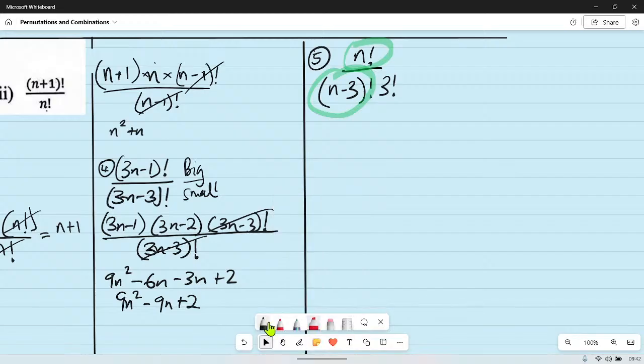So let's continue. Now expand it, let me see.